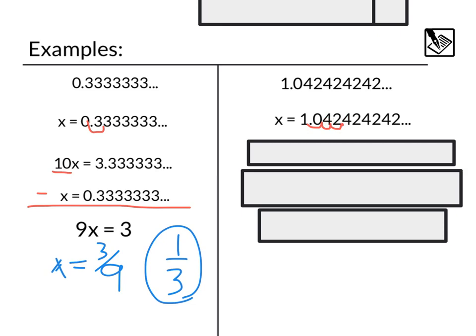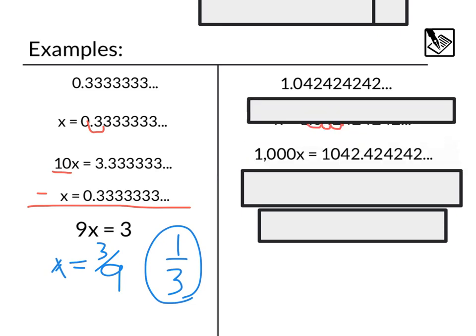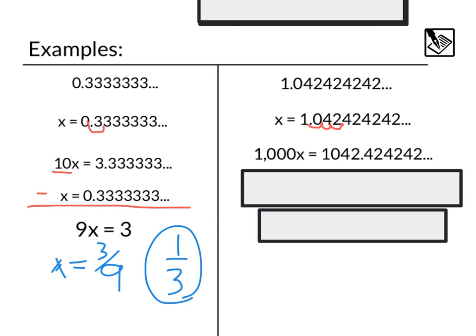So I need 42 in front of the decimal. I moved it 3 places. So I need to balance it out by multiplying this side by 1,000. That's 3 spaces, 3 zeros. So I have 1,000x equals 1,042.42424242.